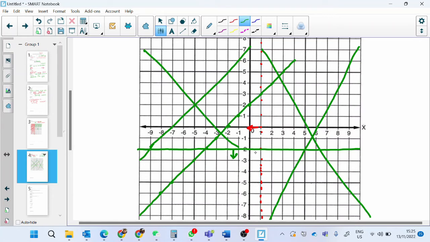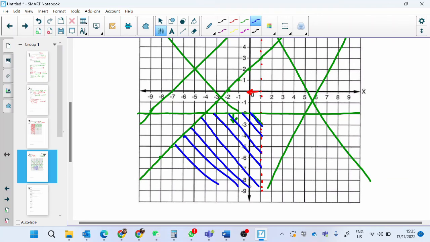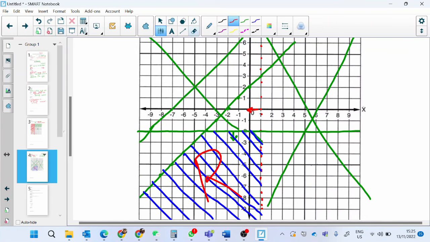It says shade the region, so we can shade this region here. This is the final required region. So we can shade this and write this is the required region finally, and all other regions are not required.